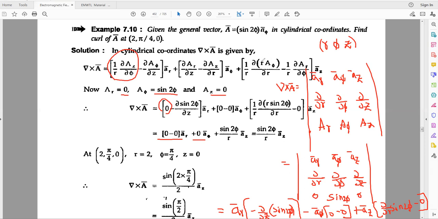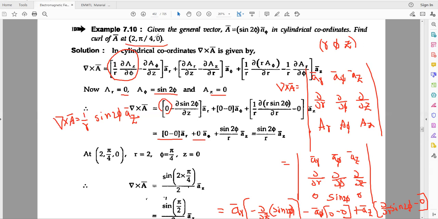So R is multiplied with sine 2 phi, then you apply dou by dou R. So del cross A bar is equal to 1 by R into the R coefficient, sine 2 phi, in the AZ direction.